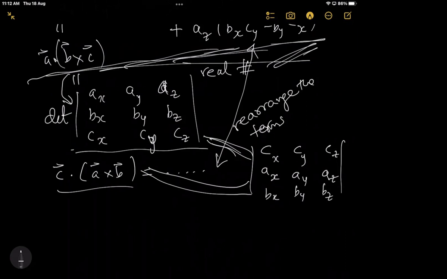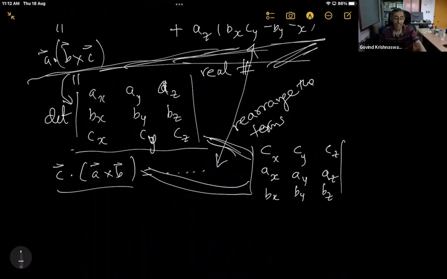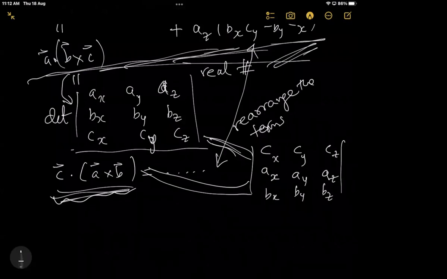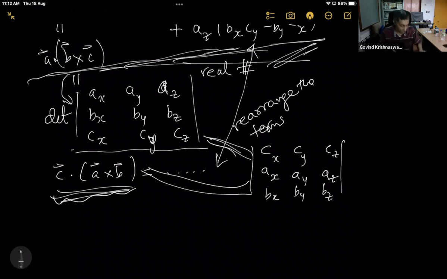However, I do wish to nitpick and say that this does not have components. This is simply a real number. It's not a vector. So I object to the term components of the triple product. I hope I am understood. Oh, you mean the terms in the expression for this?